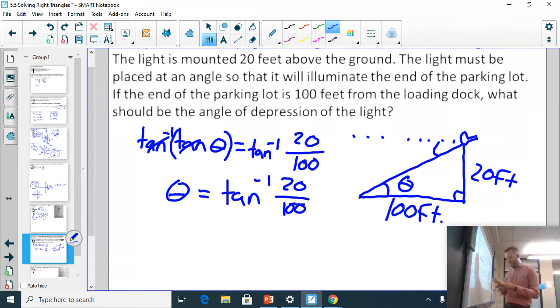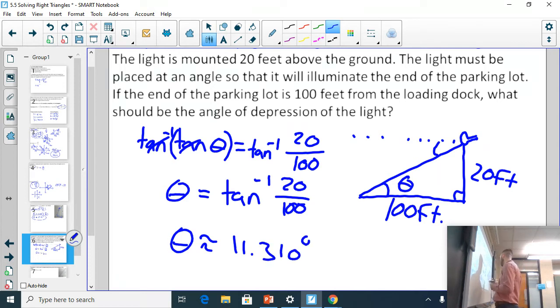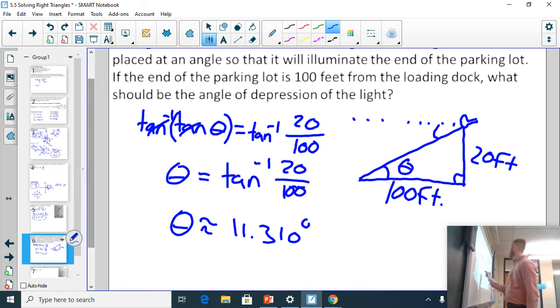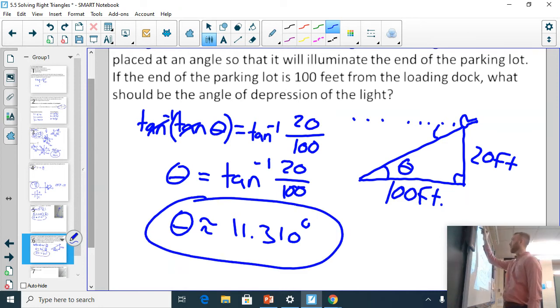So we're going to do tangent inverse of 20 divided by 100, and you could type in 1 over 5 and you would get the same thing. And then we're going to get that angle is about 11.310 degrees. And that is all for that one.